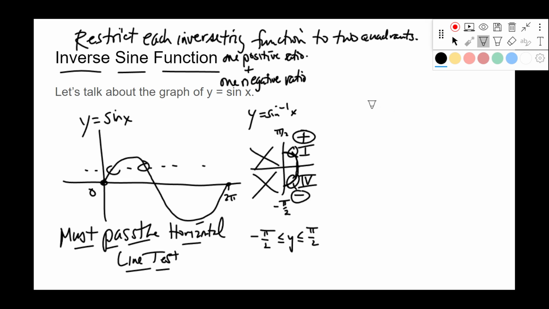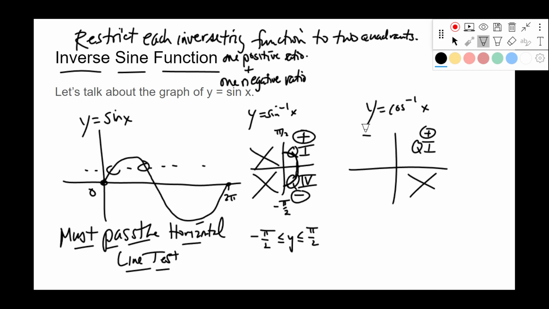Okay. All right. So now, let's talk about inverse cosine. Same idea. Cosine is the x-coordinate. The x-coordinate is positive in quadrant 1. They're all positive in quadrant 1. And now I'm looking for another quadrant that's attached to quadrant 1 where the x-coordinate is negative. One positive, one negative. Well, it's not there. X is positive here.